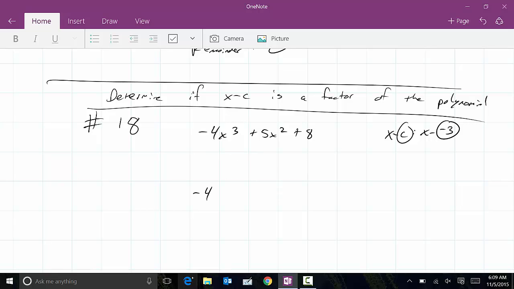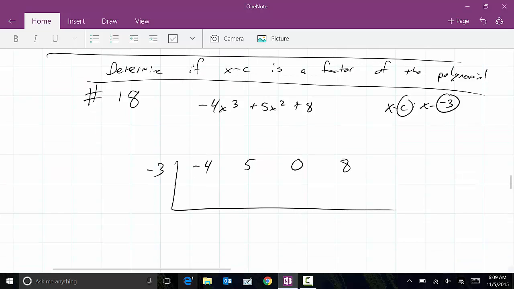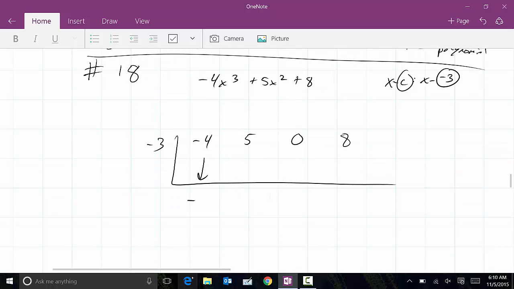So we have negative 4, we have 5, we have 0 for the x term, because there's no x to the power 1 term, and then 8. The value that I'm going to check is negative 3, the c value, which means I'm doing a divisor of x plus 3. I'm going to bring down the negative 4. Multiply, that's 12, add down, which is 17, multiply, that's going to be negative 51.